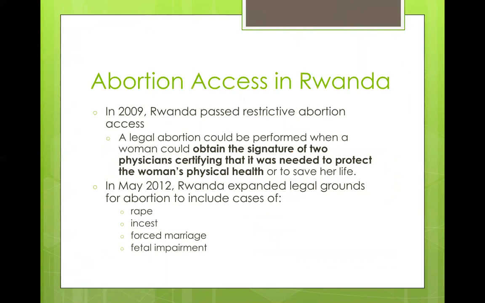Currently, abortion is legal in Rwanda. In 2009, they passed a very restrictive abortion access law, allowing abortion to be provided to a woman after obtaining signatures of two physicians stating that it was necessary to protect her life. Within the country of Rwanda, I think there are 6.1 million people, and there are very few hospitals.